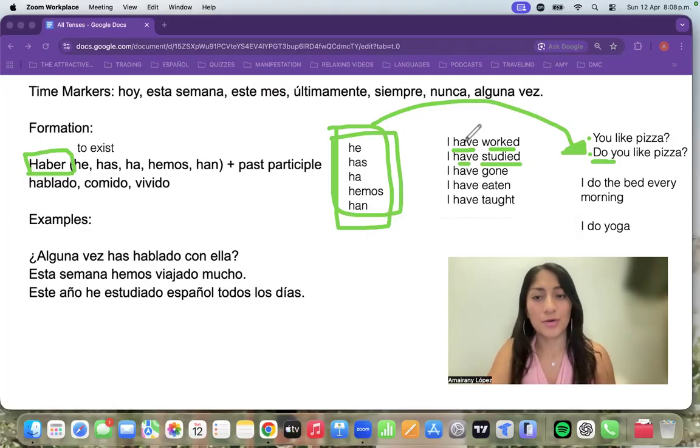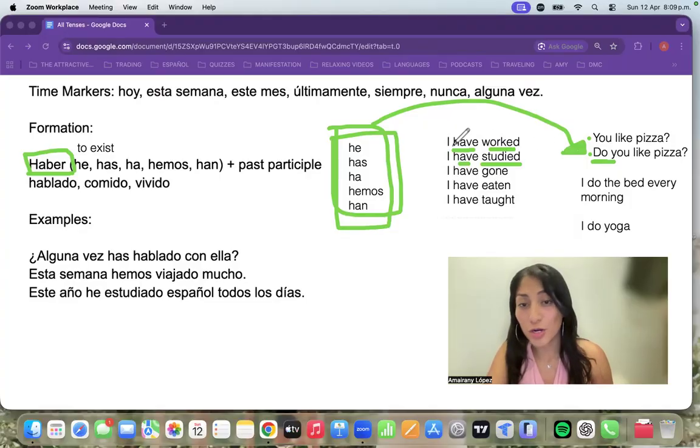So also if you say I worked, it's quite different to saying I have worked or I eaten. You cannot even say I eaten. That's wrong. You would need to say I have eaten, right? Or I taught, like this. You can totally say that.